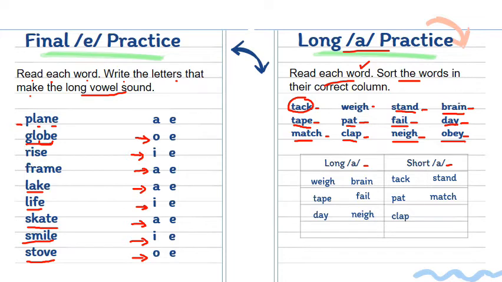I can hear the long A sound in the word obey. So it should be in the long A sound. Let's read them one last time. I have way, brain, tape, fail, day, neigh, obey. In the short A, I have tack, stand, pat, match, clap.